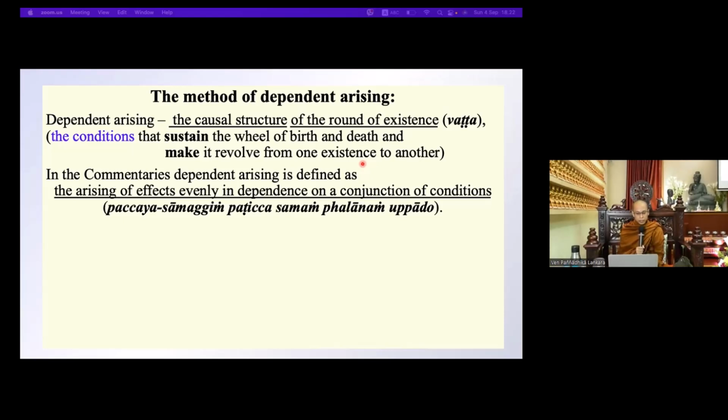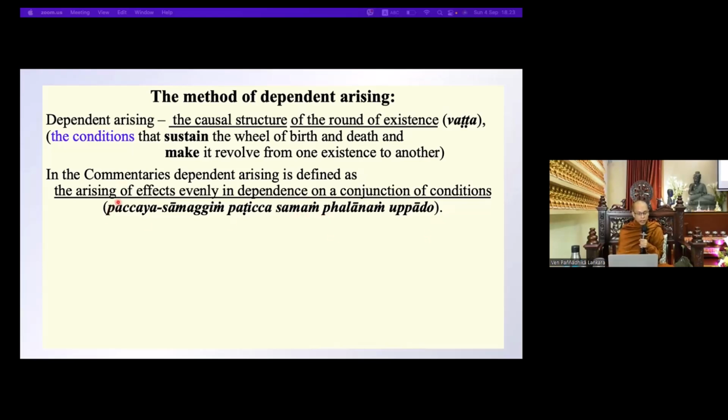Here the commentary explains that paccaya samakin paticca samam phalana uppado. So the arising of the condition, paccaya, gives rise to the arising of the phala.